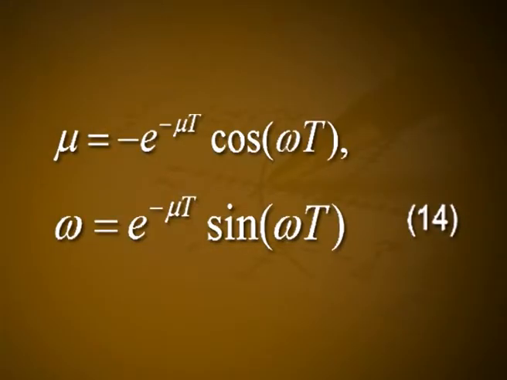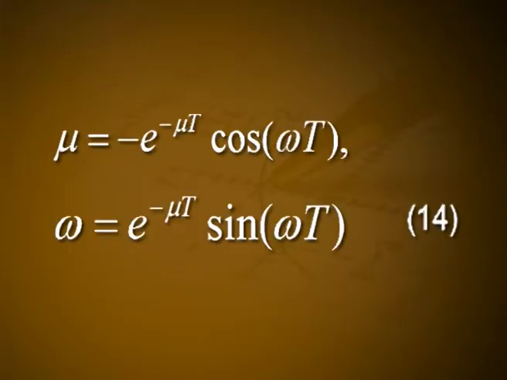In principle, equation 14 defines mu of T and omega of T. We are interested in the value of T when mu of T first crosses from mu less than 0 to mu greater than 0. As T increases from 0, mu equals 0 first when omega T is equal to pi by 2. In case T equal to 0, we have mu equal to minus 1, less than 0, and omega equal to 0.